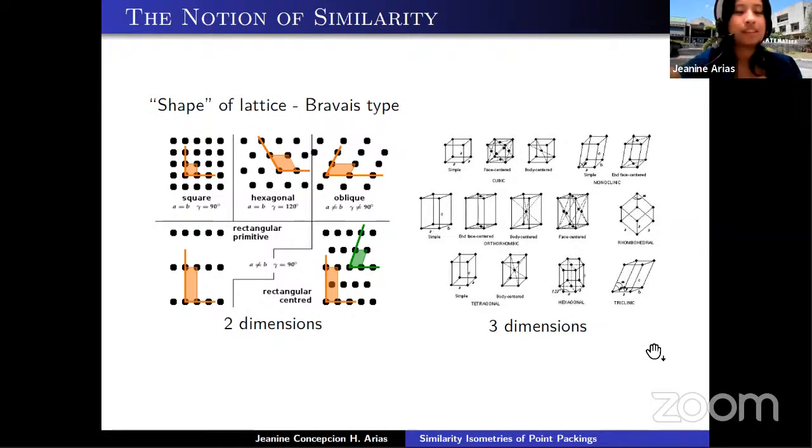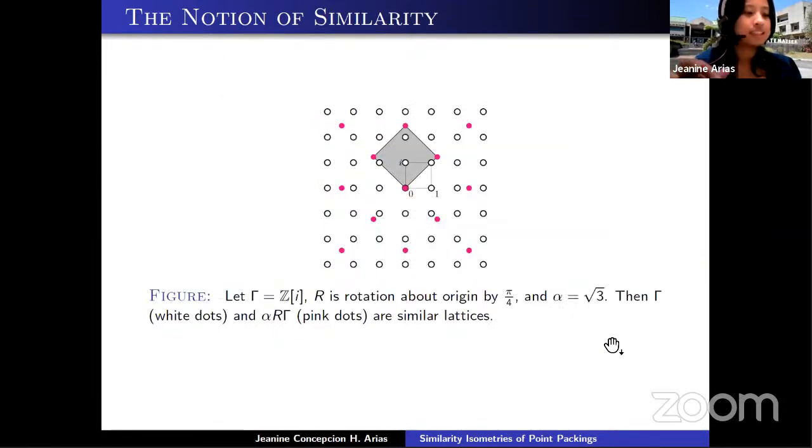For example, let us consider the square lattice Z^2, here identified by the ring of Gaussian integers Z[i] and represented by the white dots. If we rotate this lattice about the origin at an angle of pi/4 and apply a scaling factor of square root of 3, then we will get the pink dots, which represent alpha R gamma.